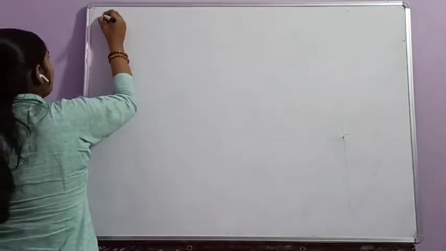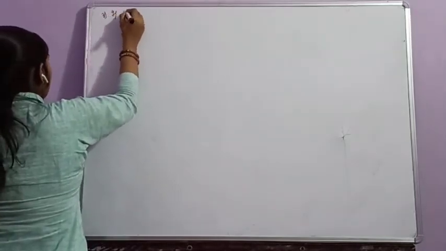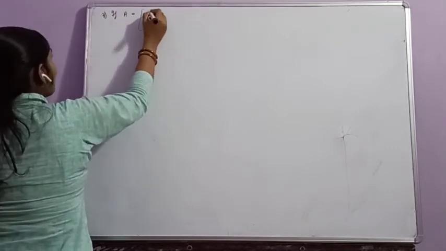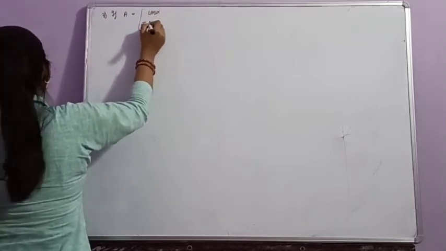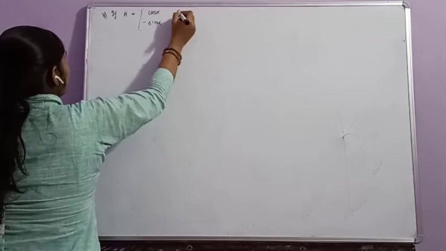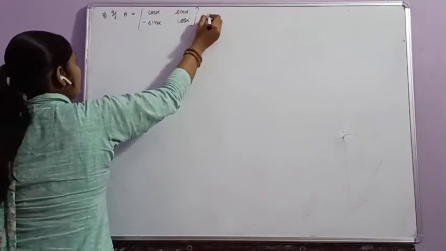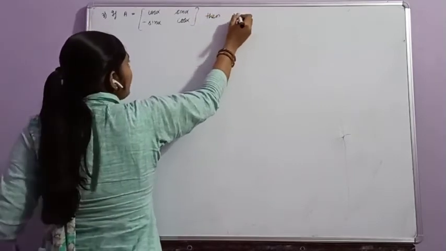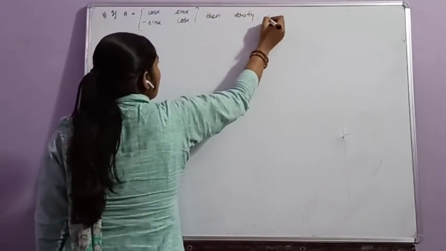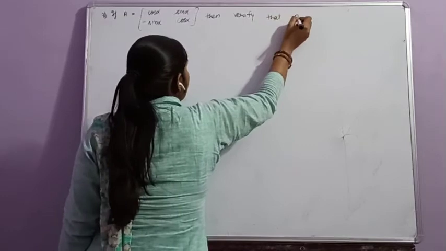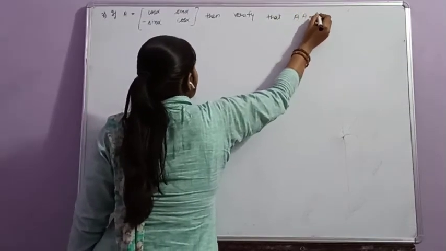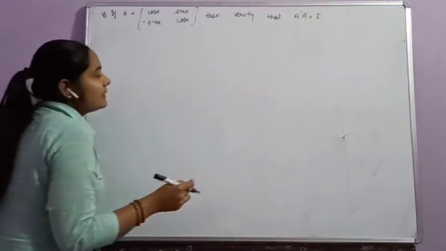If A is equal to cos alpha minus sin alpha cos alpha, then verify that A transpose into A, that is equal to I. Clear?